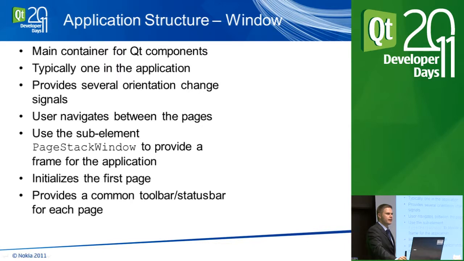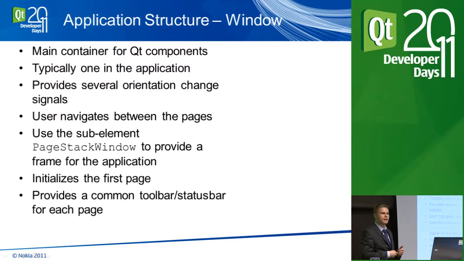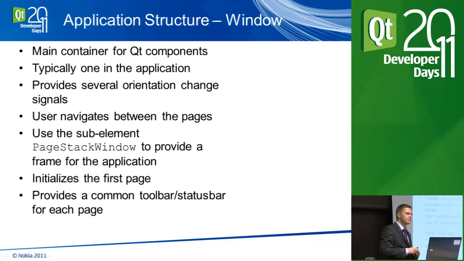For MeeGo, things are a little bit different. In MeeGo, you usually use something called page stack window as your main root component. And the funny thing is that page stack window is also available on Symbian, but they might act a little bit differently. So that's something to take into account.